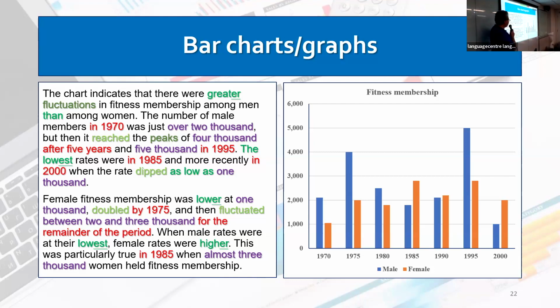We use language of comparison in bar charts or graphs to describe the numbers. More specifically, these are comparative adjectives, adjectives ending in er, and lowest is an example of a superlative adjective, ending in est.